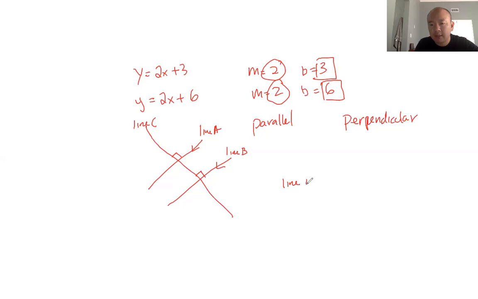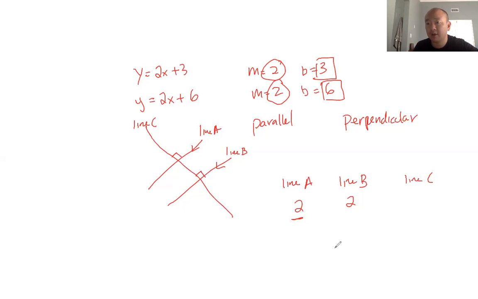Let's say line A's slope is 2. Then line B's slope is going to be what? It's also going to be 2, because they're parallel. But line C is perpendicular, and what you need to do is get the negative reciprocal of this original slope.